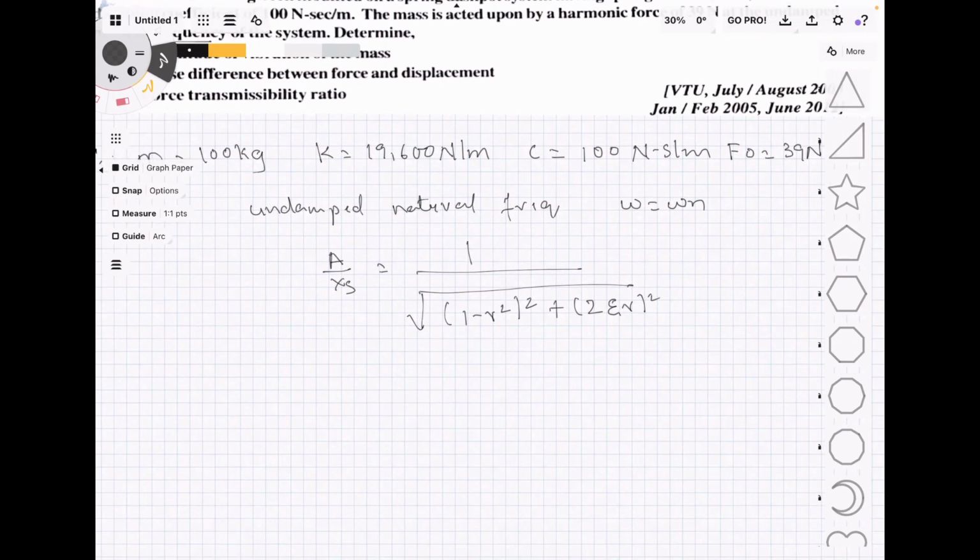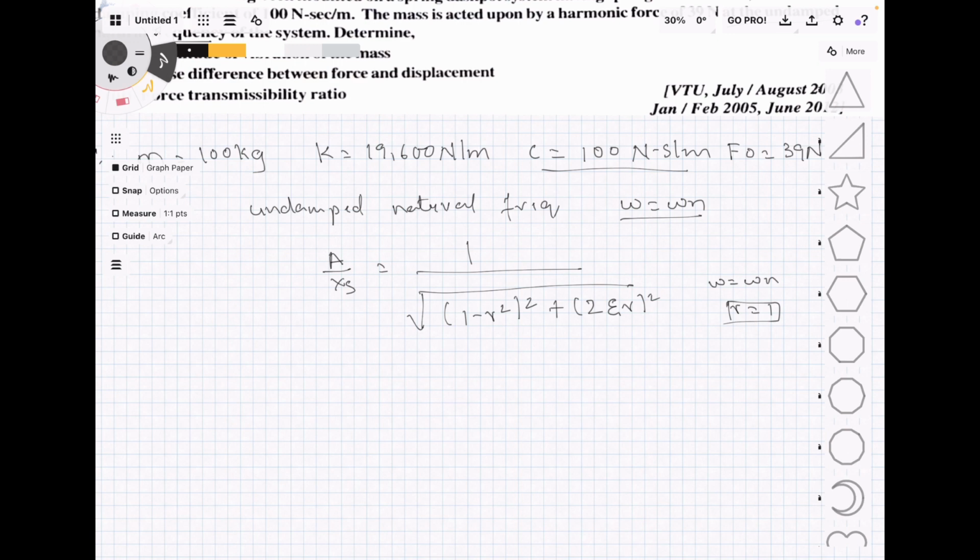In order to solve this problem, they have given two conditions: omega equal to omega n, and the value of c. In that case, omega equal to omega n means r will be equal to 1.